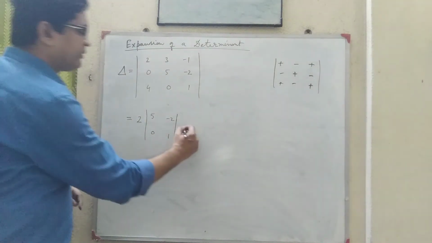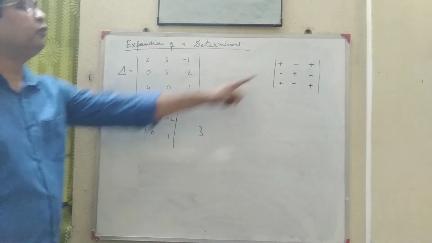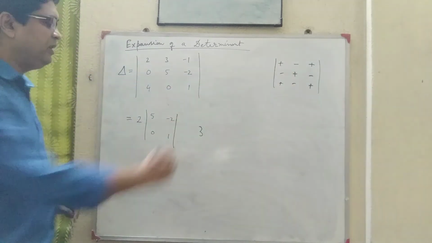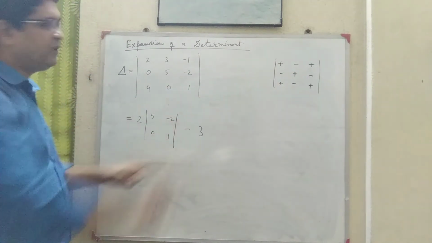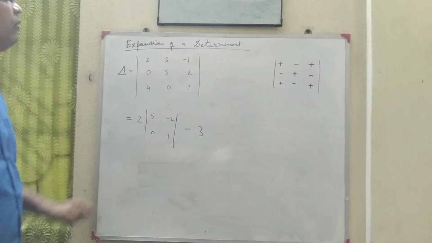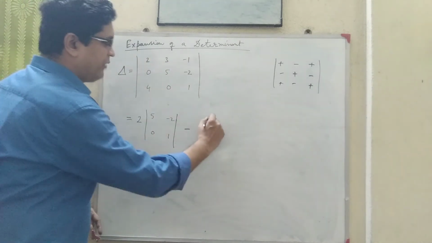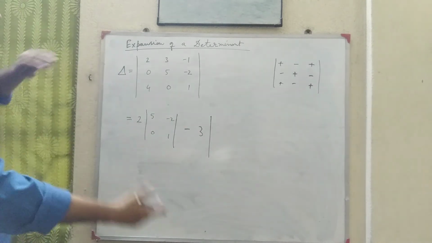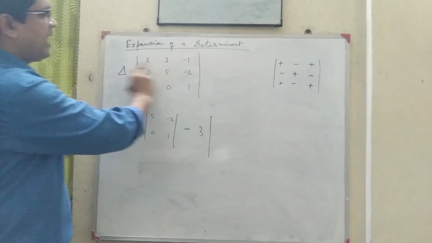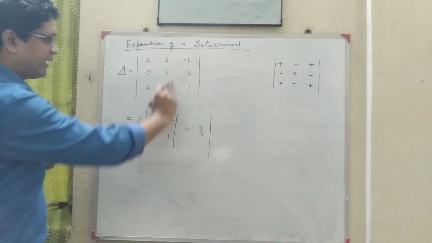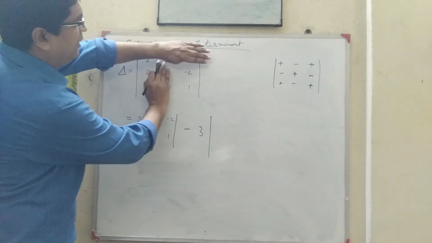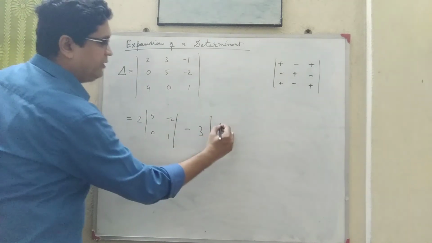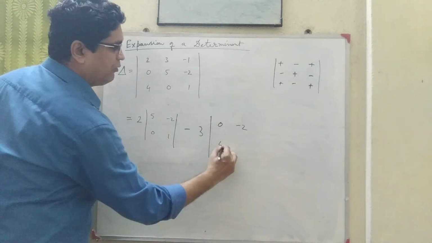3 into, but the cofactor of 3 will be with minus sign. So we need to give a minus here. Minus 3 into what will be the cofactor of 3? First you find the minor. 3 lies in the first row and the second column, so you cover this row and column, and the remaining elements are 0, minus 2, 4, 1.